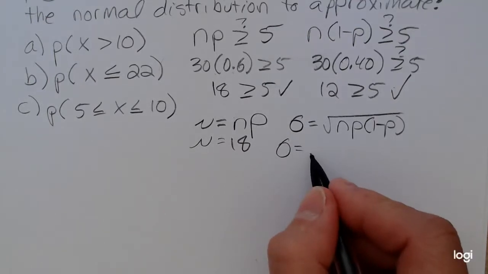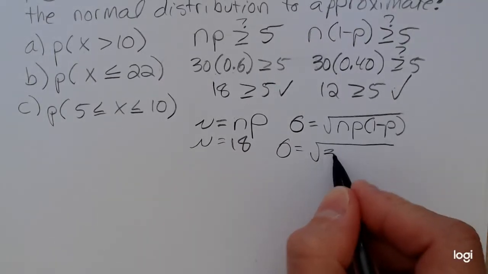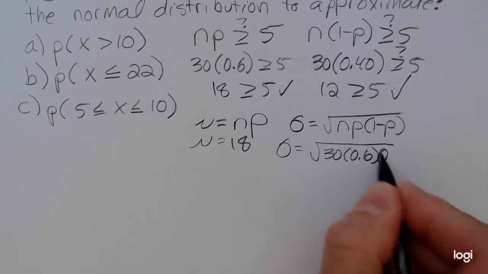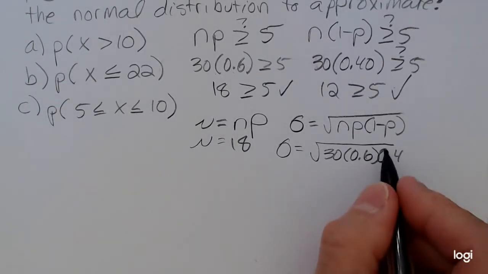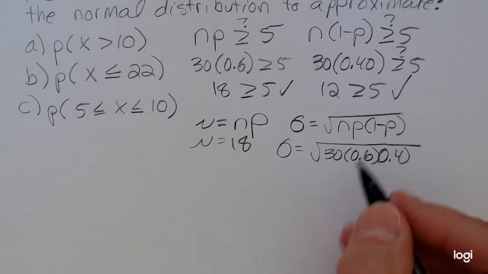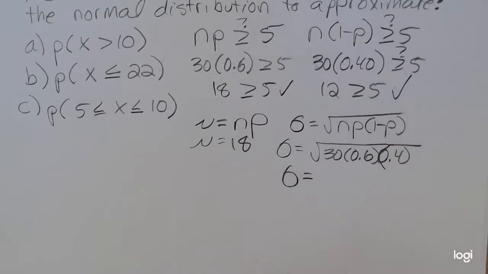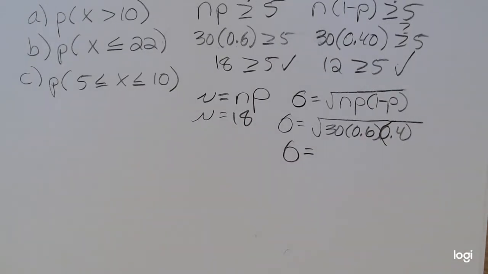So plugging in the numbers, I have 30 times 0.6 times 0.4. I'm getting a little messy here, my apologies. So getting my calculator out for that, finding the square root of 30 times 0.6 times 0.4.